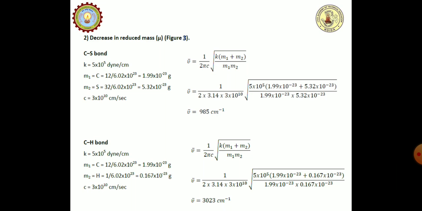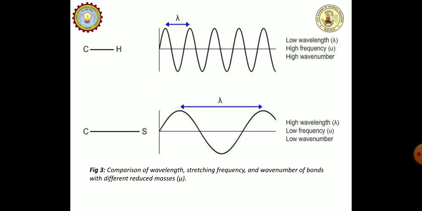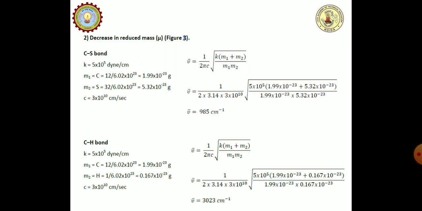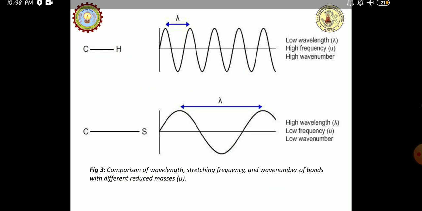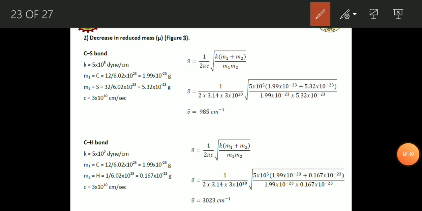Substitute the values into Hooke's law equation and we get the vibrational frequency, mu bar value, as 985 per centimeter.